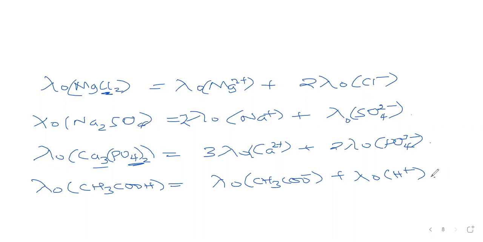Where can it be applied? I will just mention the applications, and then I will look at only one of them in this particular lesson. So where do we apply Kohlrausch's law?